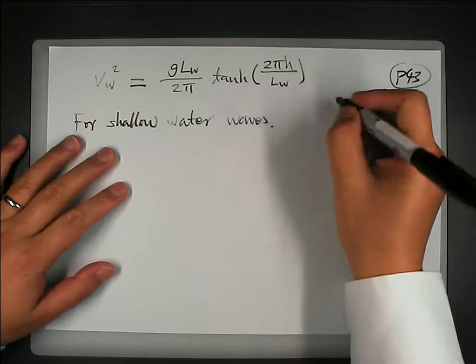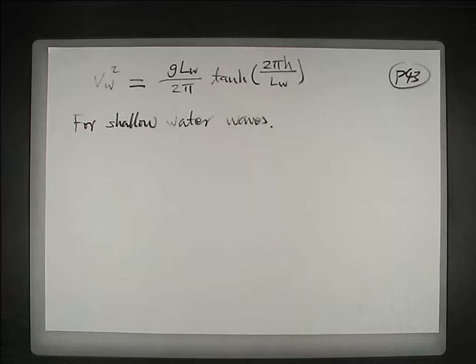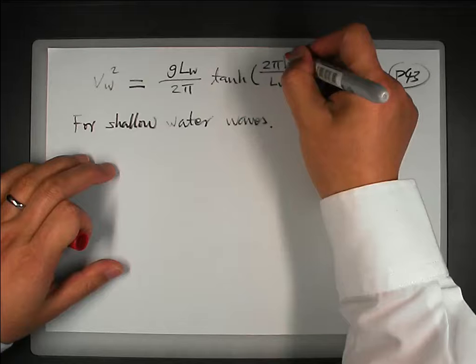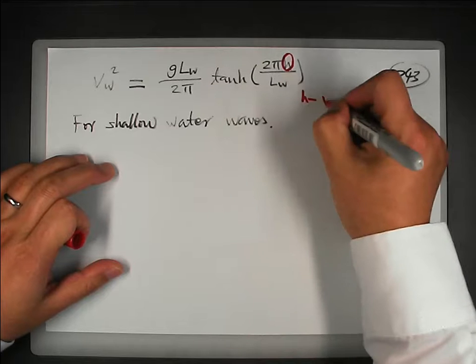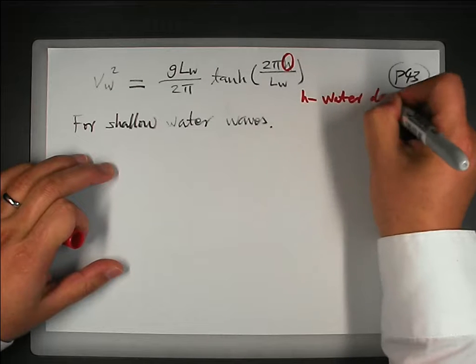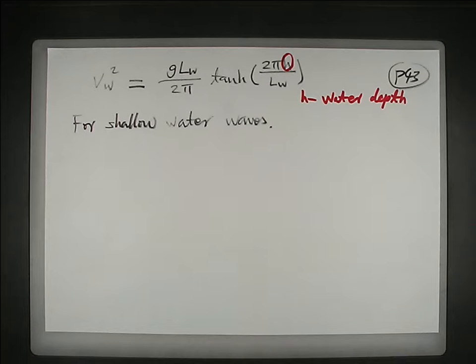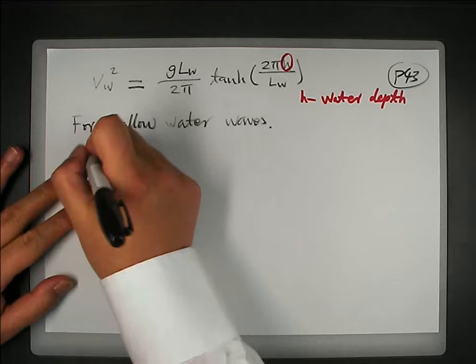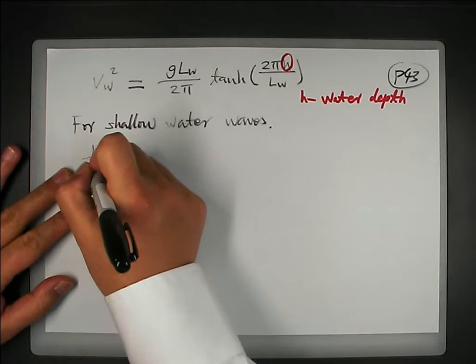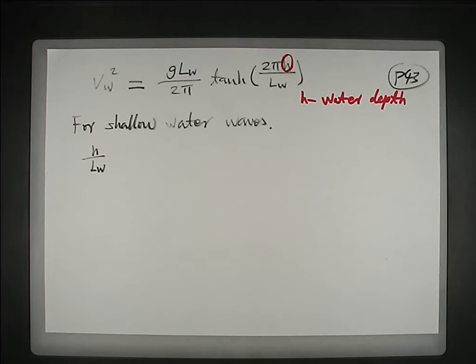For a shallow water wave, is the value of H over L_W small or large?